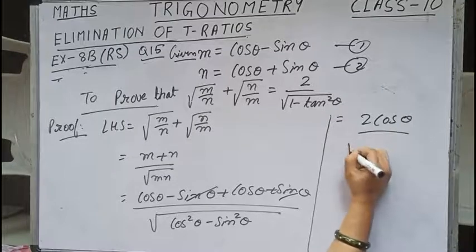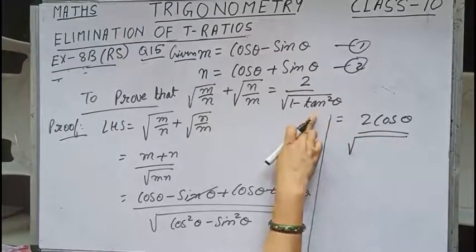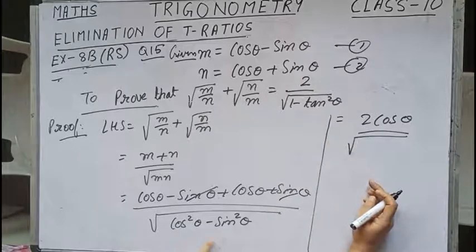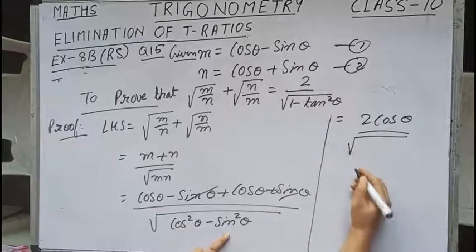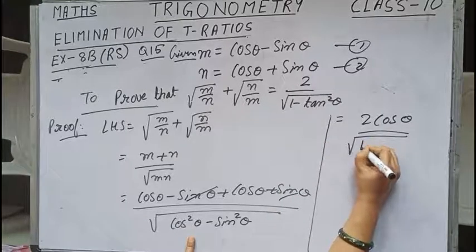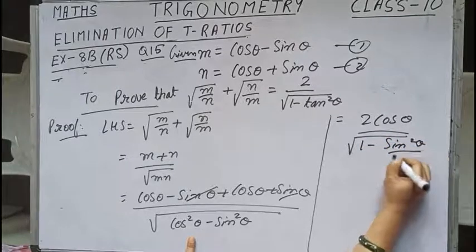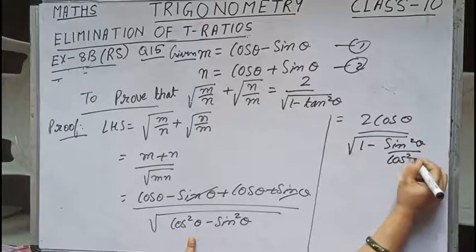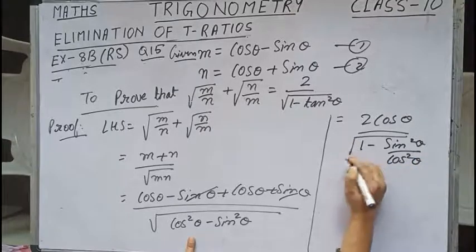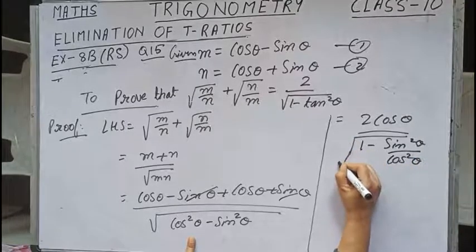by under root, we need tan square. So I am dividing both by cos square. So over here 1 minus sin square theta by cos square theta. So actually I am dividing by cos theta.